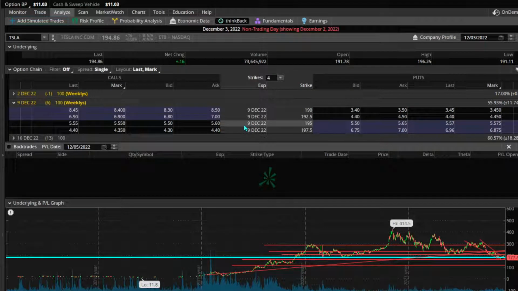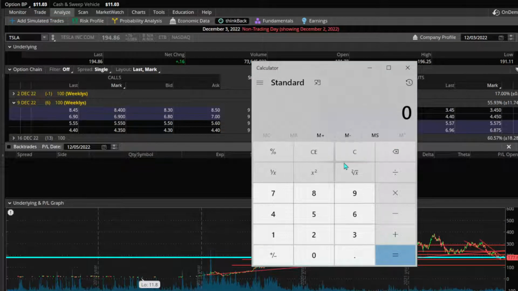So we go to the December 9th option strikes and look at the at the money strike, which is right around 195. Right here, we see an implied move of $11.74. Here's how you calculate this. You get the close on December 2nd, the prior Friday, which is 194.86.